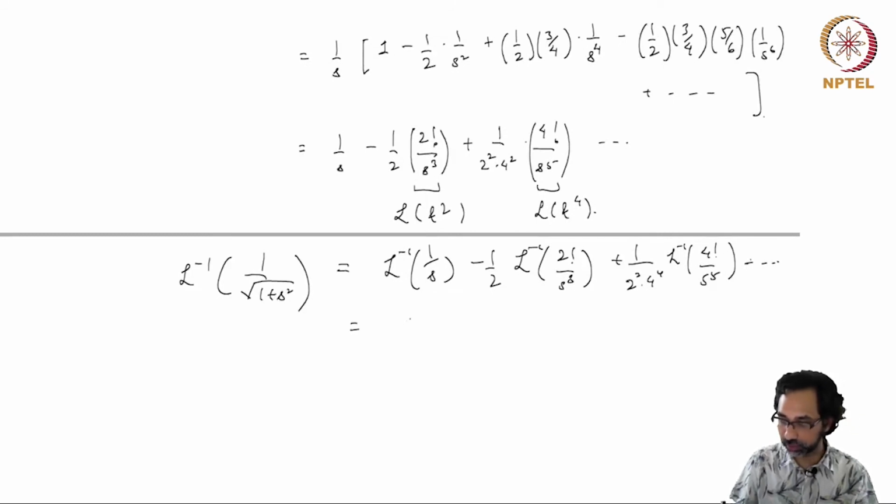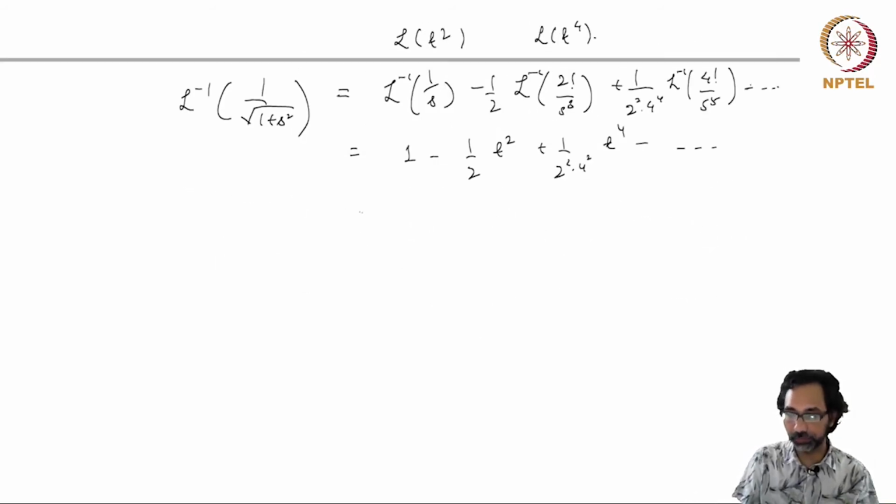Each of these terms gives 1, and then t squared, then 2 squared times 4 squared t to the power 4, and so on. And this is an infinite series for J0(t).